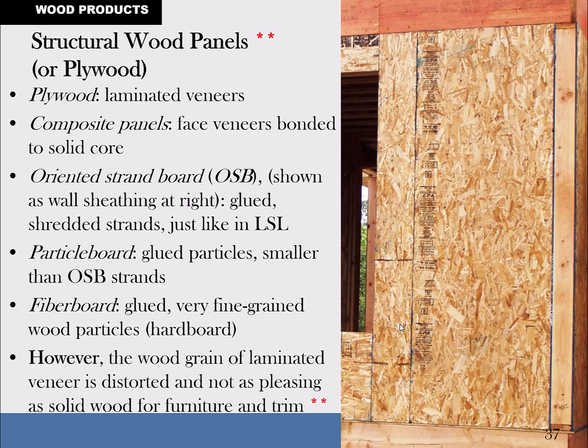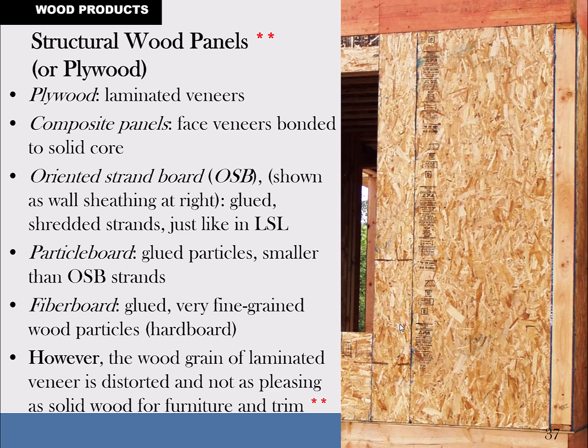But anyways, the wood grain of laminated veneer is distorted and is not as pleasing as solid wood for furniture and trim. And so a lot of this stuff does not do well when it comes to making furniture, but the vast majority of our lumber that is harvested across the world is used for framing up houses. So that's not an issue.